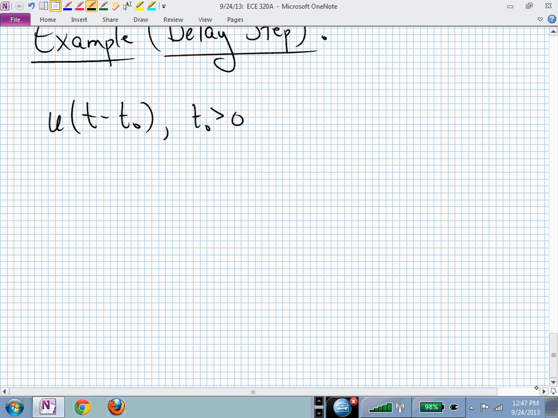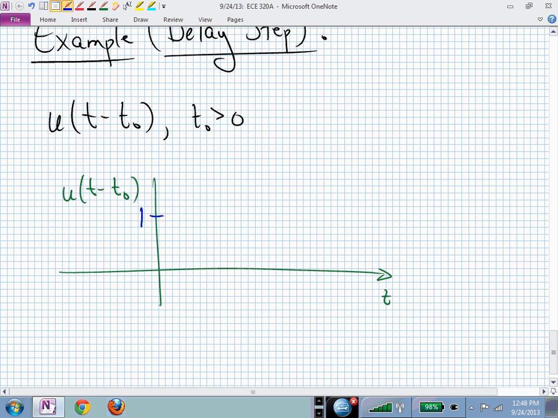What does the picture of this look like? Hopefully you know that it still has a magnitude of 1. Now it's just, where is it 1 and where is it 0?